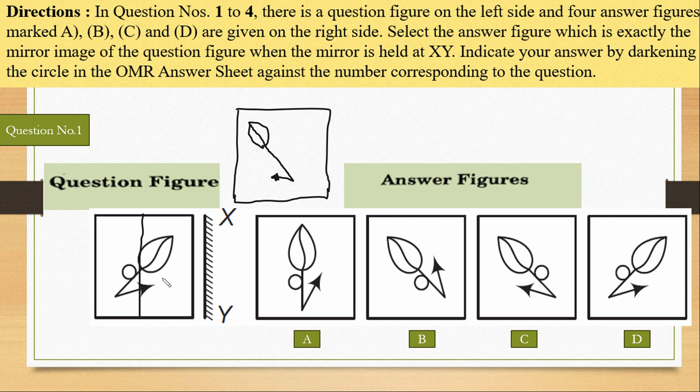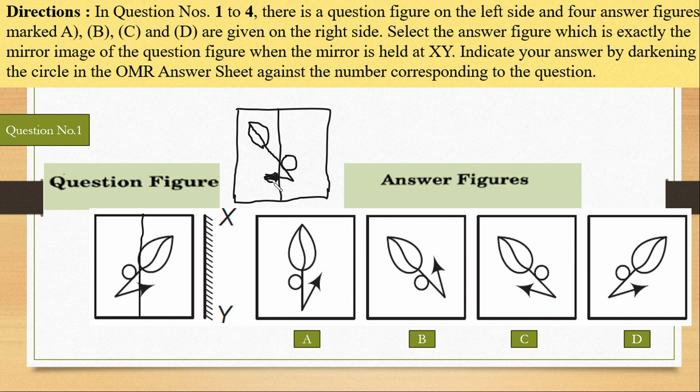So it should appear on the right hand side of the rectangle in the mirror image. So it should be something like this, and the arrow will be something like this, right?